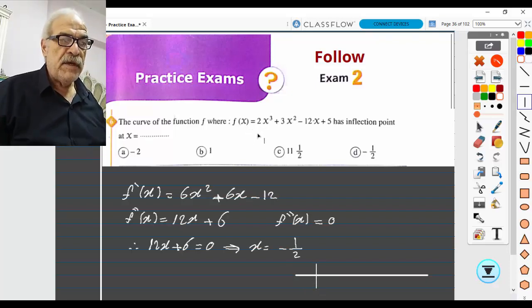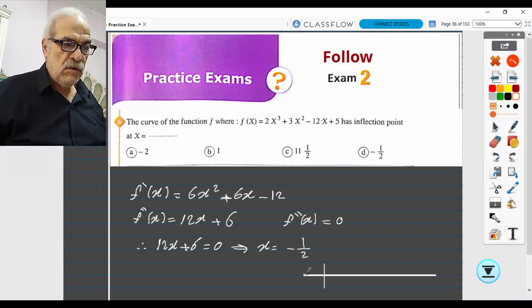It is polynomial, so its domain equals R. So we write here negative infinity and infinity. Here we have x equals negative half.